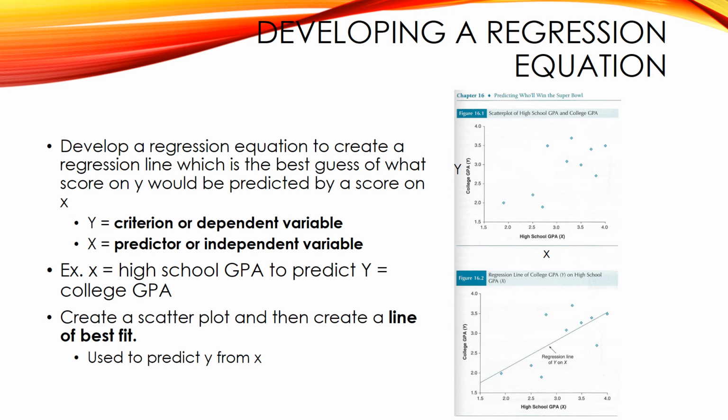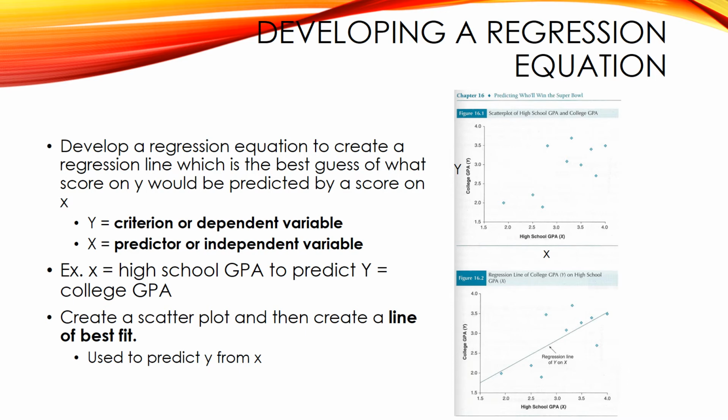So typically what you'll see is the independent variable is on the X axis, and you can see in the picture on the right I've labeled X for high school GPA, and Y is the criterion or dependent variable.